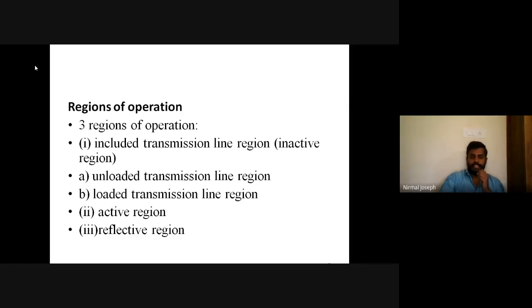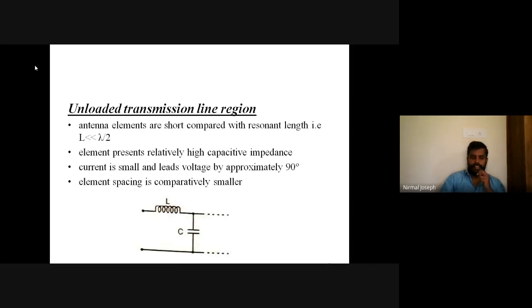Then the active region is a resistive region, and the reflective region is an inductive region. In the inactive region, the first is the unloaded transmission line region, where L is much less than the resonant length, or much less than lambda by 2, so the elements are closely packed and the spacing between the elements is smaller.